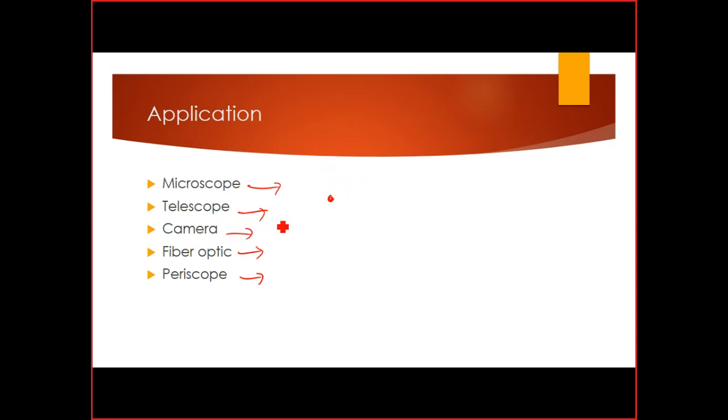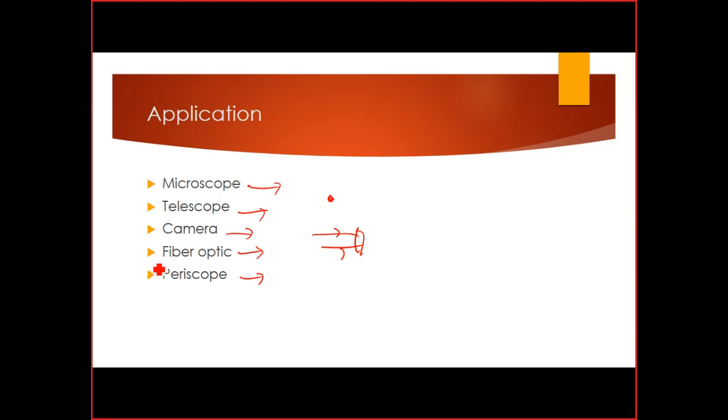The same goes for the telescope, where light passes through two different mirrors from infinity. How can you make a telescope better? For the camera, understand how the focal length can be adjusted.